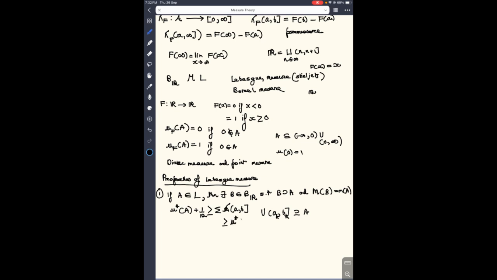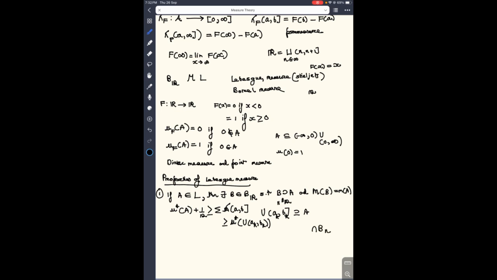mu star of the union of (a_k, b_k), by countable additivity of the outer measure. Call this B_n. For every n you get the intersection of B_n.